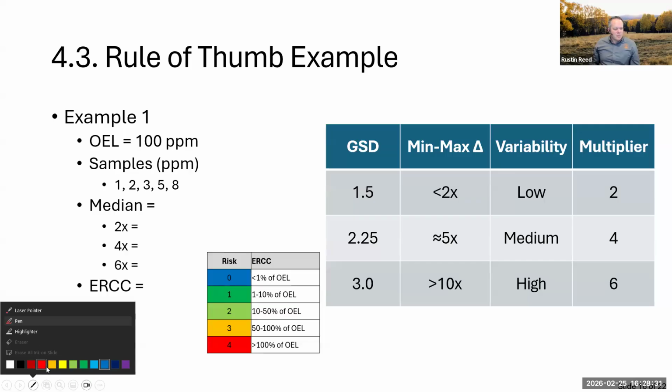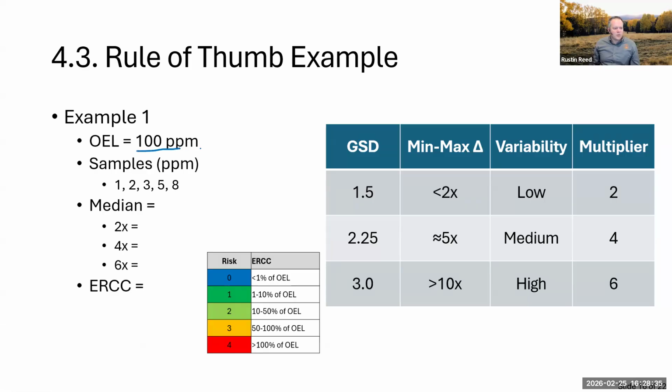So in our first example, we have an OEL of 100 parts per million, and these are our samples. We have 1 part per million, 2, 3, 5, and 8. A couple of things for us to check before we move forward.